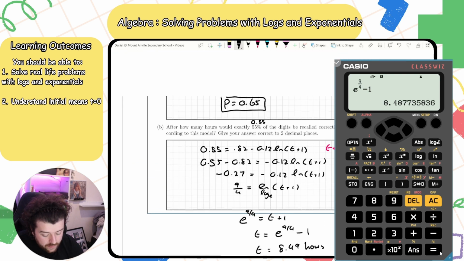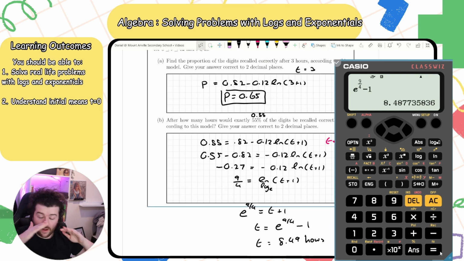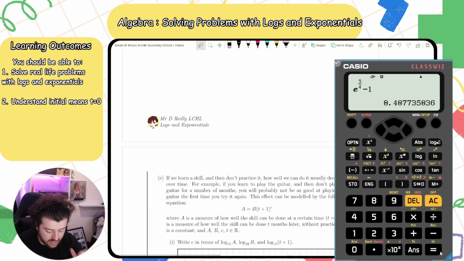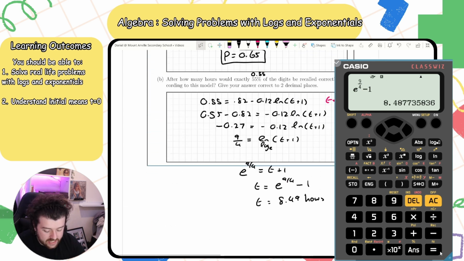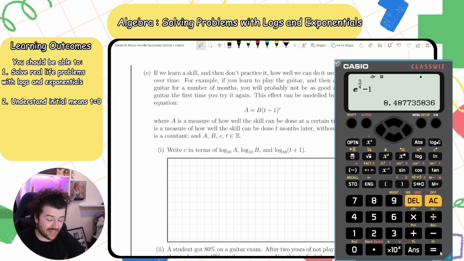So little Jimmy here, wherever his name is, they memorize a bunch of numbers, and they know after eight something hours he can recall exactly 55% of them. So I skipped parts C and D from this exam question because they involve calculus. I haven't done that yet, but let's look at part E.